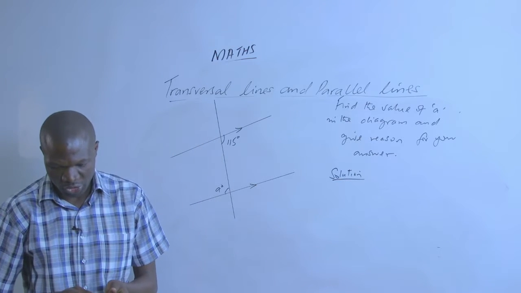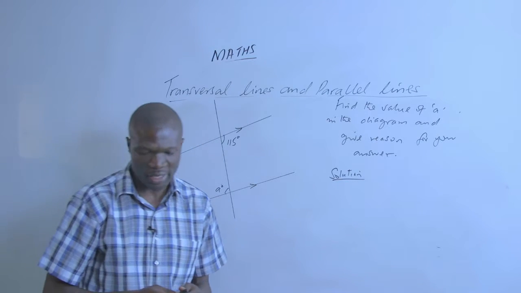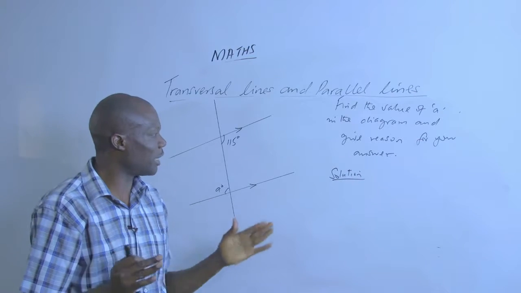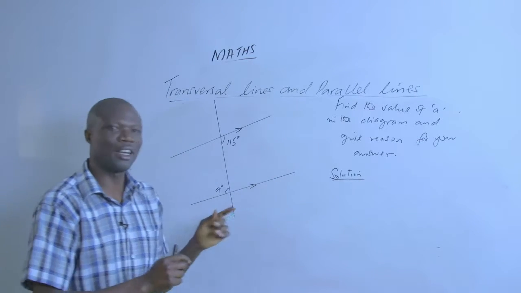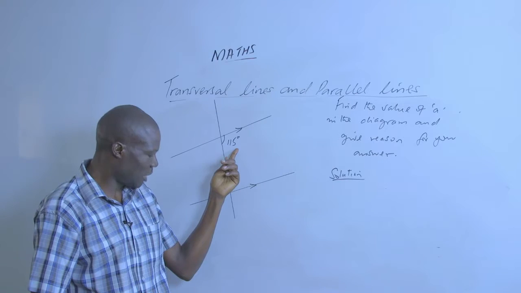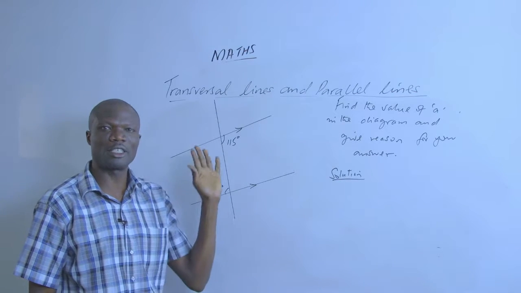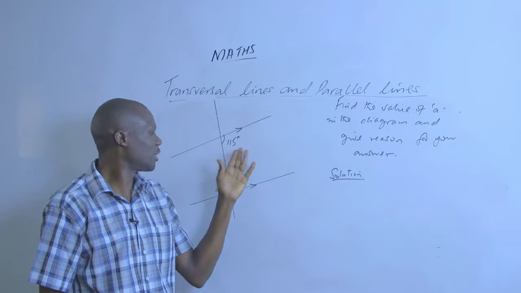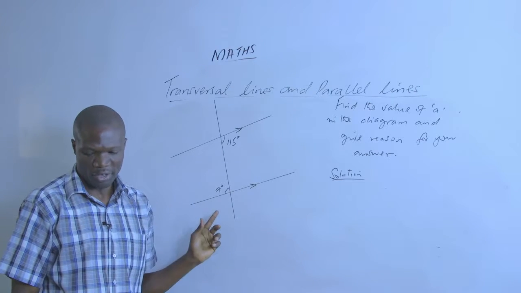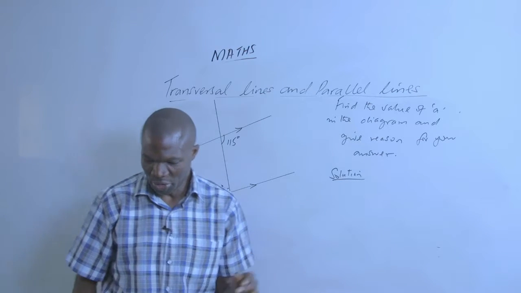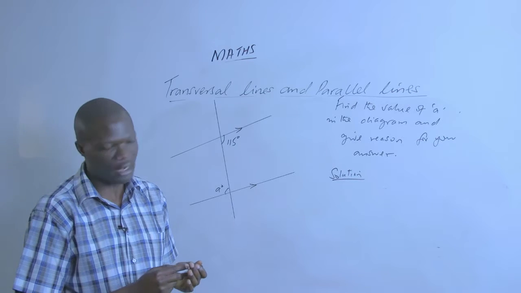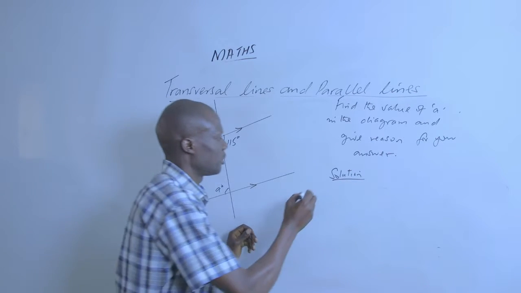In our solution, in this particular case, we need to identify the relationship between these two angles, that is the 115 degrees and A. You'll notice that the two angles are alternate angles.